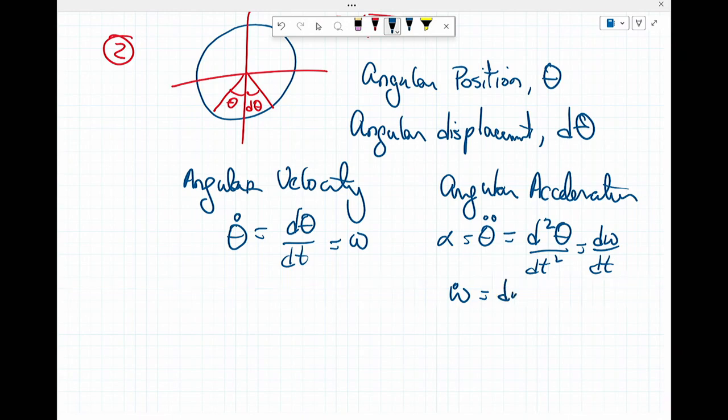And you end up with a whole bunch of terms here again, but there you go.